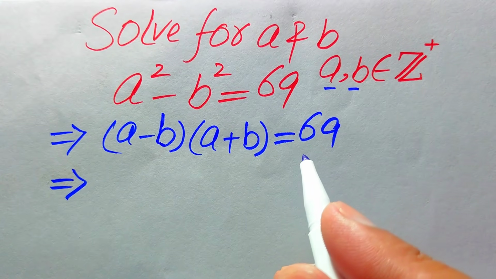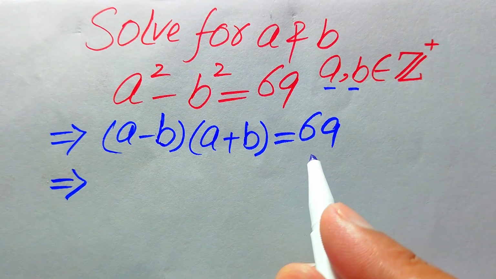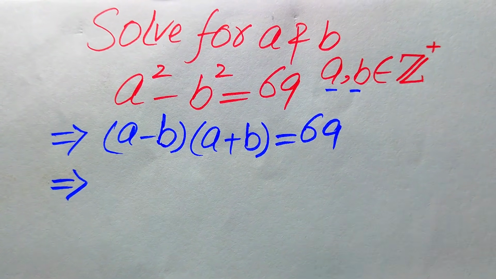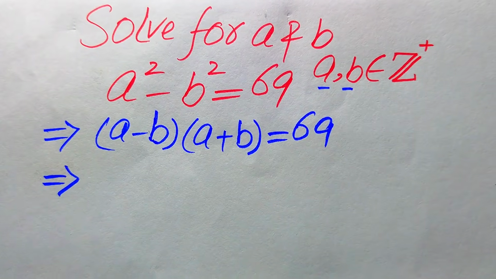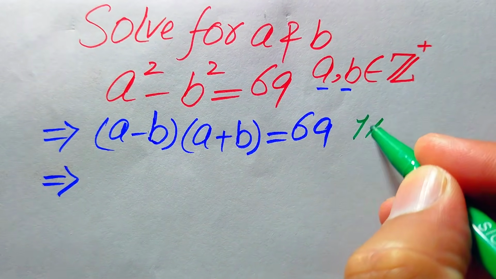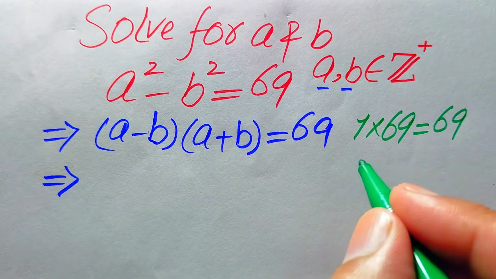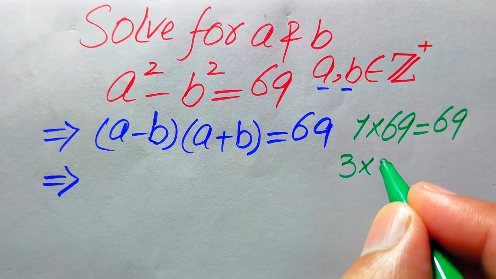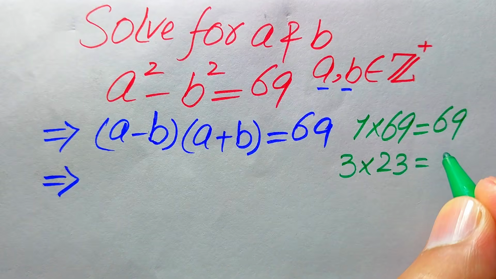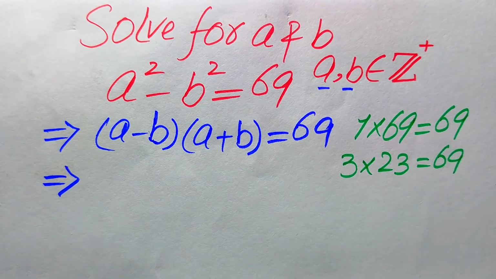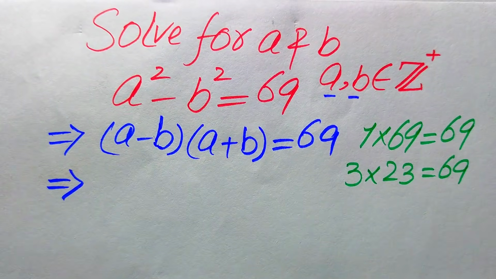So we need to find two positive integers whose product is 69. These are 1 times 69 equals 69, and 3 times 23 equals 69. So these are the two possibilities whose product becomes 69.